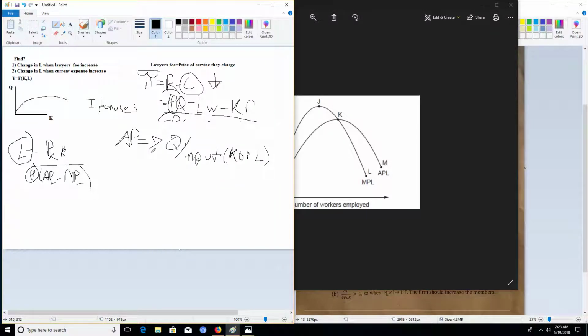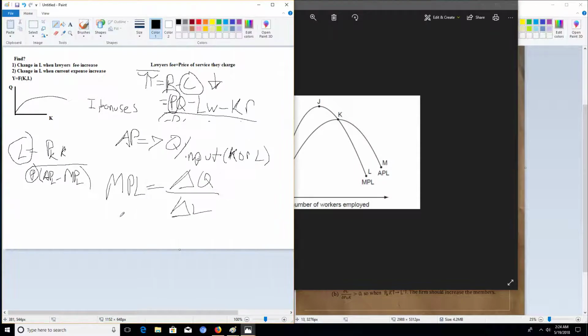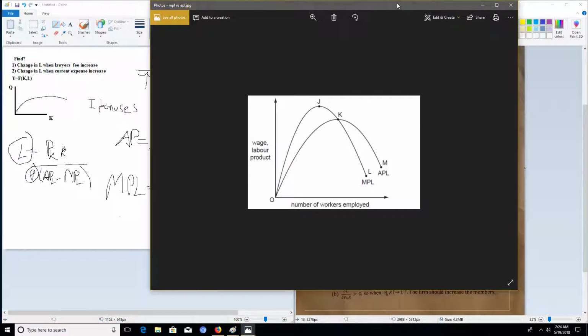MPL is the change in output that results from an additional unit of labor, right? They want to see how much an extra person will change output compared to the existing labor.